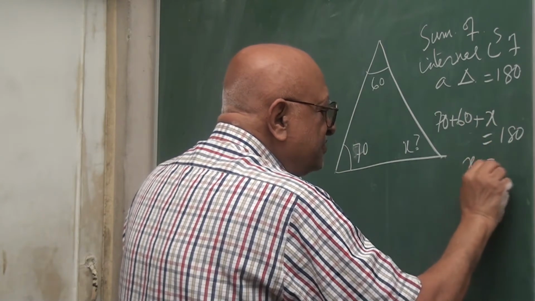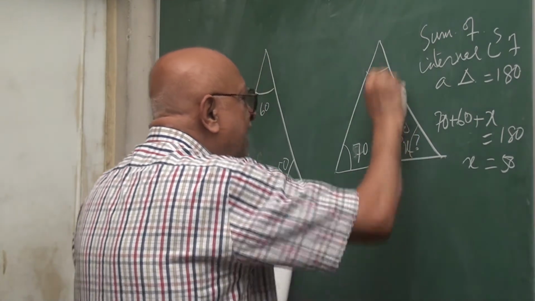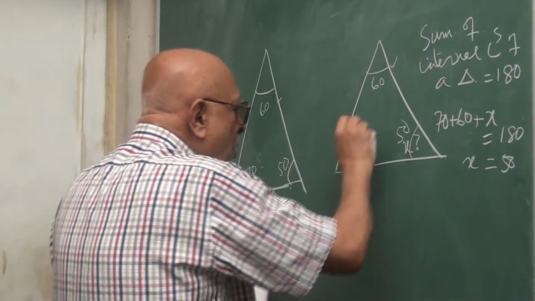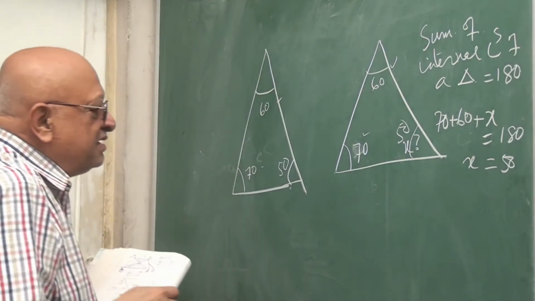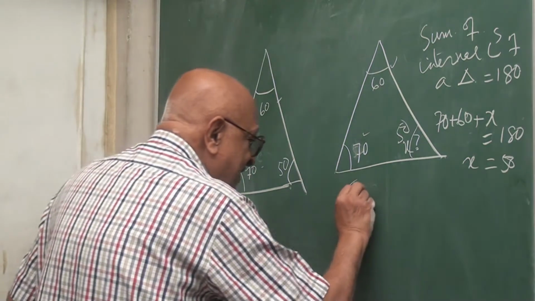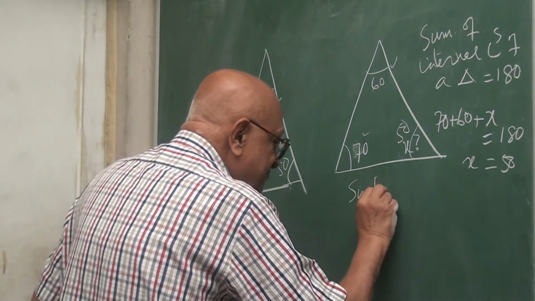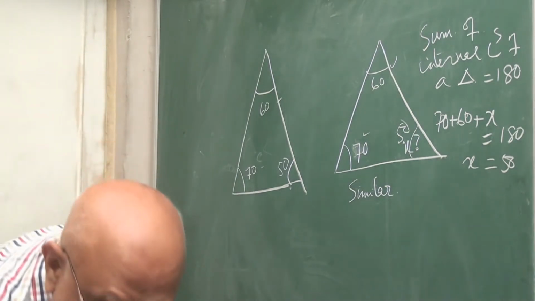So x equals 50 degrees. So this becomes 50. So all the angles are the same. So you can say that they are similar. Okay, done.